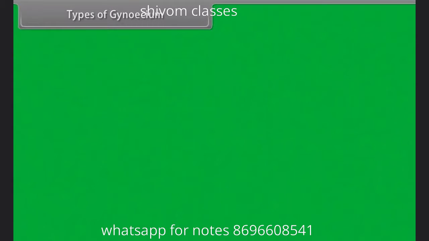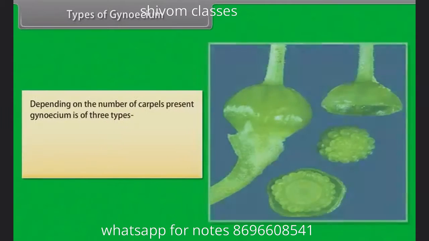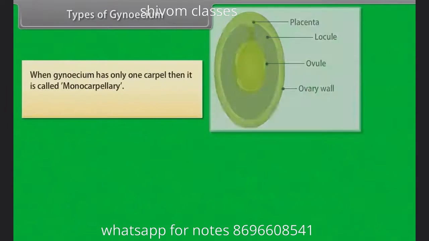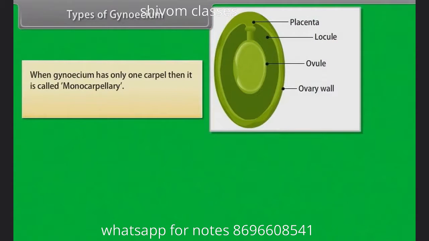Types of gynoecium. Depending on the number of carpels present, gynoecium is of three types: monocarpellary, bicarpellary, polycarpellary. When gynoecium has only one carpel, then it is called monocarpellary. Example: pea, Leguminosae.